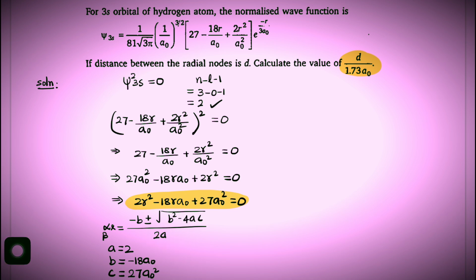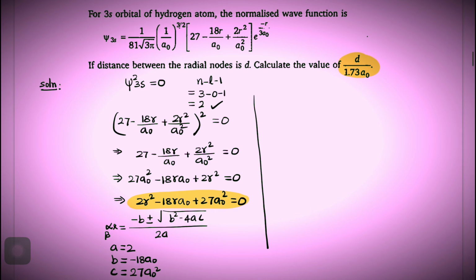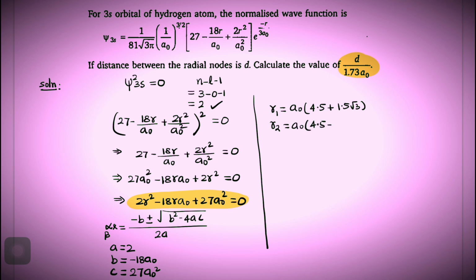After putting in all these values, you will get two roots. The first value of r is r1, that is a naught times (4.5 plus 1.5 root 3). The second is r2, the second root, that is a naught times (4.5 minus 1.5 root 3). These are the two values you'll get.